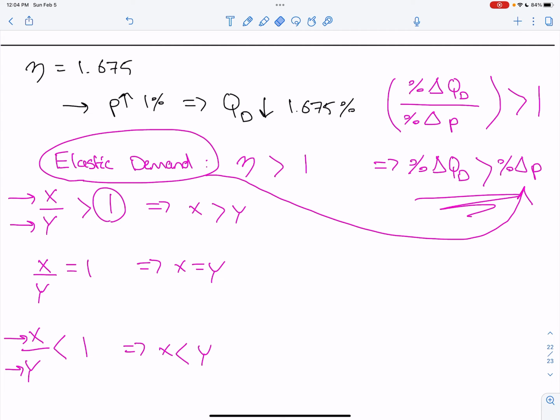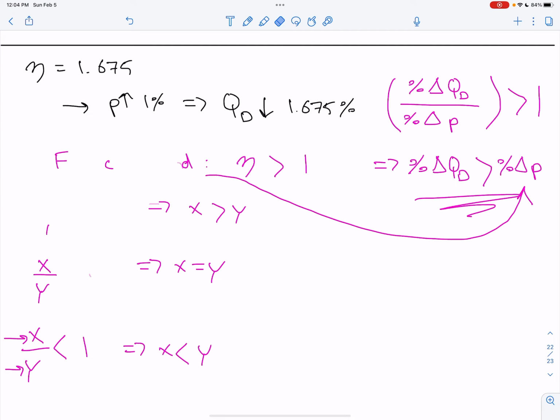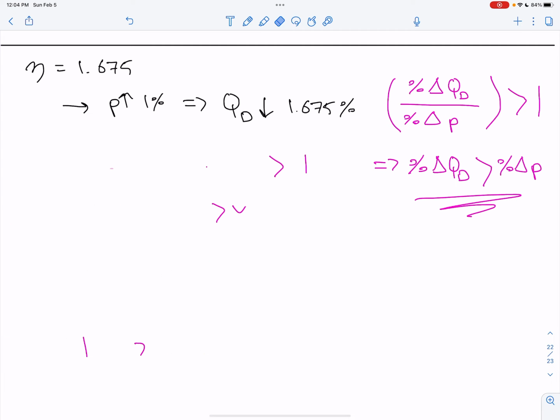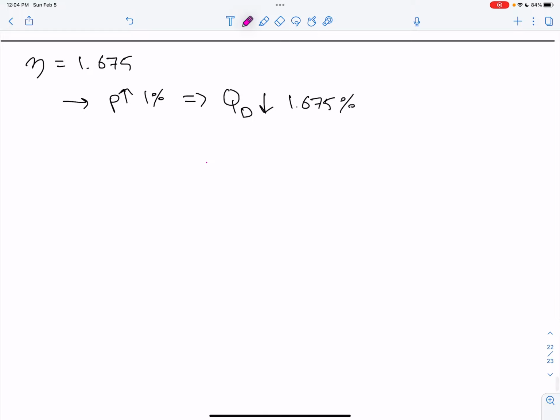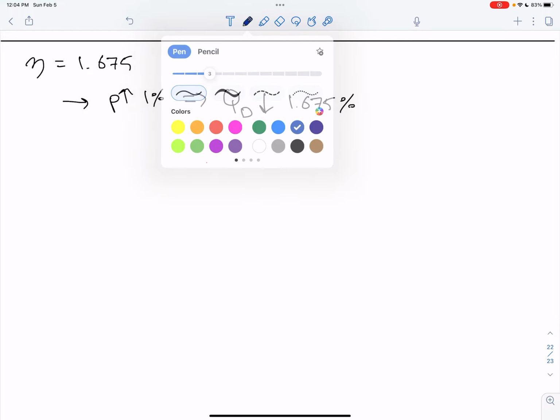Okay, so let's be a little bit more orderly about this and write this down in the following way. By the way, all of this applies to price elasticity of supply as well. Actually, I'll write it down using both.